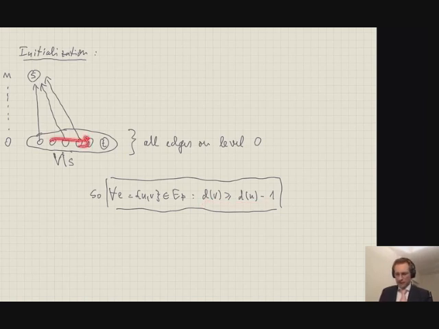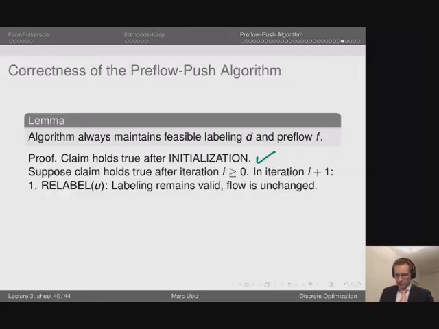And since we only have horizontal edges here in this part of the graph, and these upward sloping edges, we are fine with respect to the feasibility of the labeling after the initialization. So inductively, we assume that the lemma is still true after an iteration I, and we are considering the next iteration I plus 1.